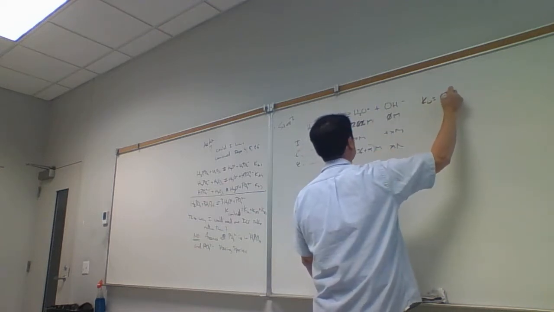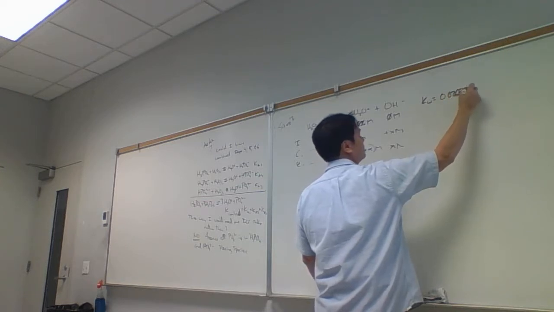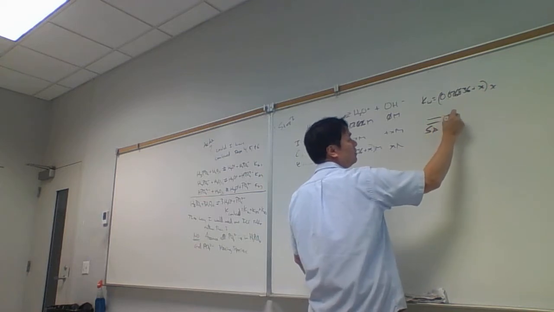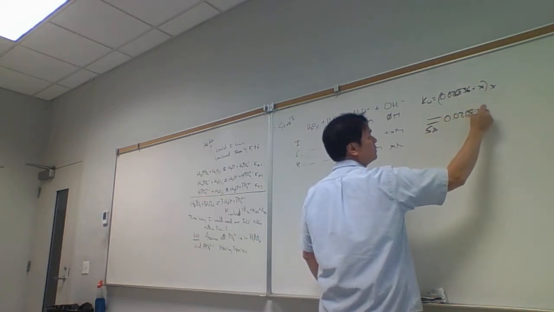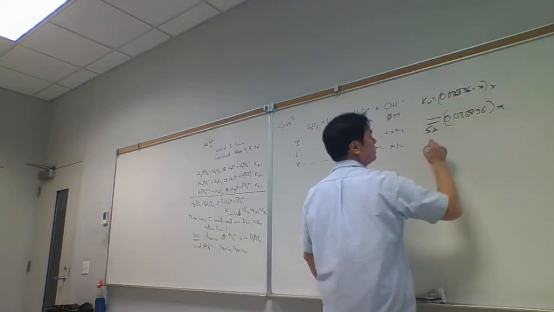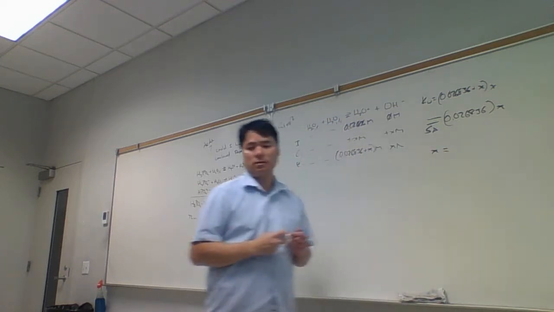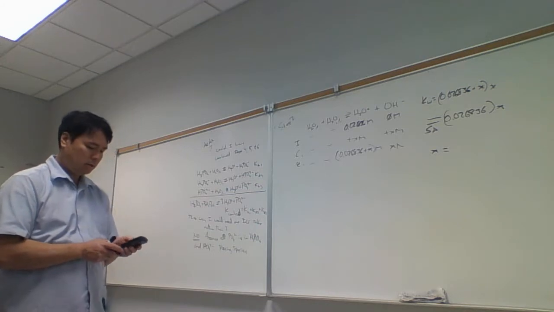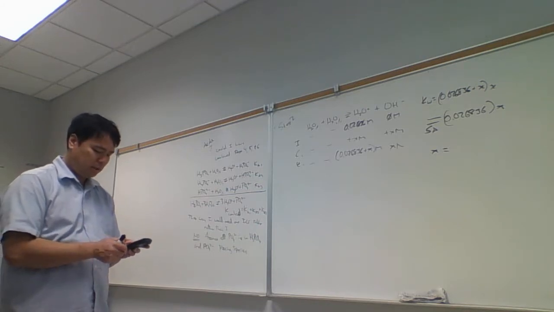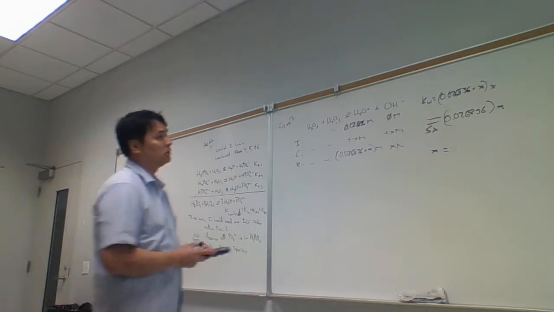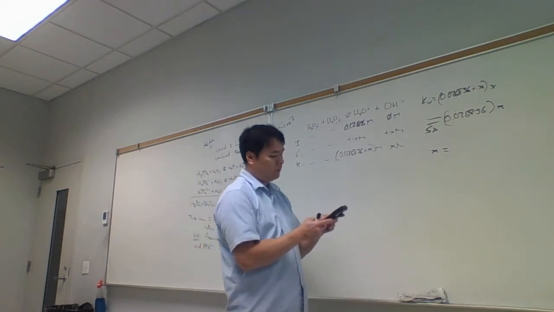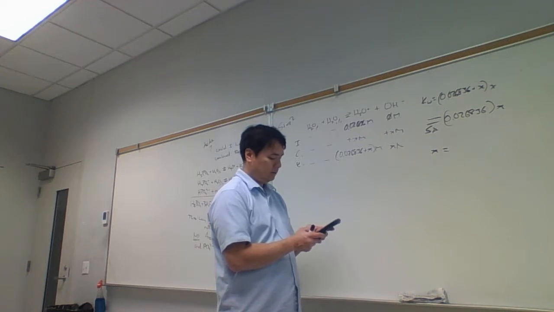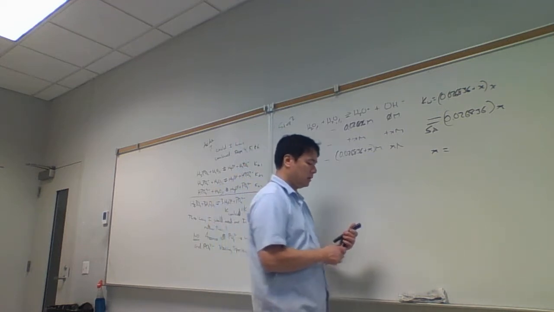So it's 0.026836 plus X times X. Then we're going to use a simplifying assumption here, 0.026836 times X. X is equal to KW, which is 1.0 times 10 to the minus 14, divided by 0.026836. Calculator.